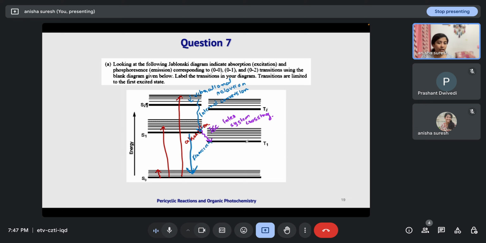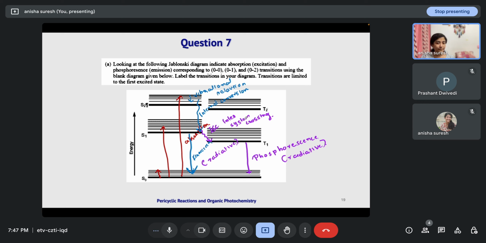And from T1 when it is coming to S0, this is known as phosphorescence. So this is also a radiative process. So it will emit light. Phosphorescence and fluorescence are radiative processes. And vibrational relaxation, internal conversion, intersystem crossing are non-radiative processes.